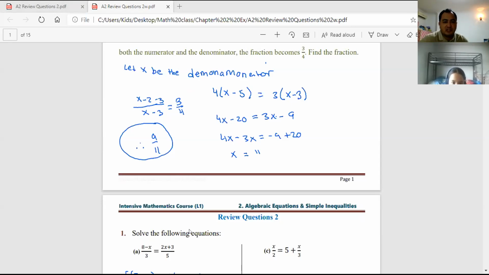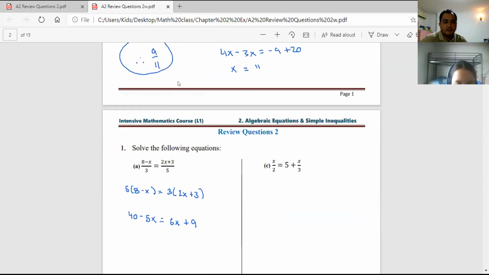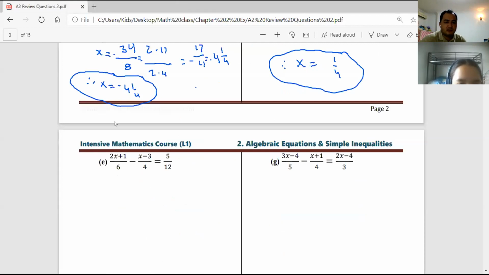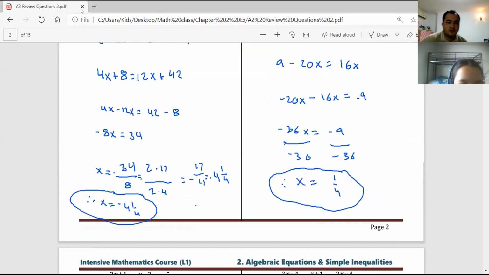So now you need to delete this file. Can you go to the folder and delete this file, 2W? Yeah, I deleted it. Okay, close it first. Now delete the 2W from the folder. Okay, very good now. Continue.